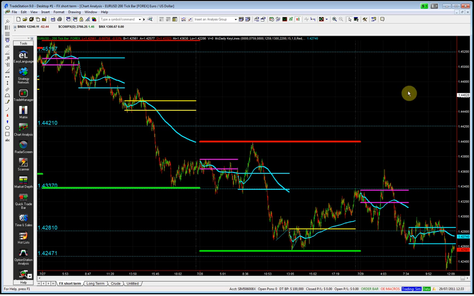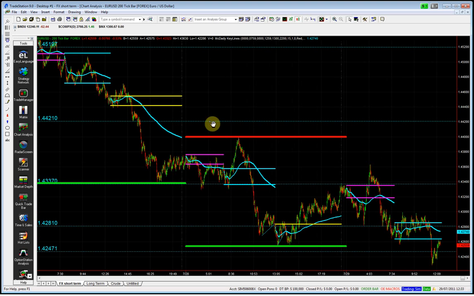Moving into 200 tick, we can see over the last few sessions, the bias is to the downside, making lower lows and lower highs. And you can see very clearly how these significant points, or structure points from the daily, are respected pretty acutely in the price action on the 200 ticks.